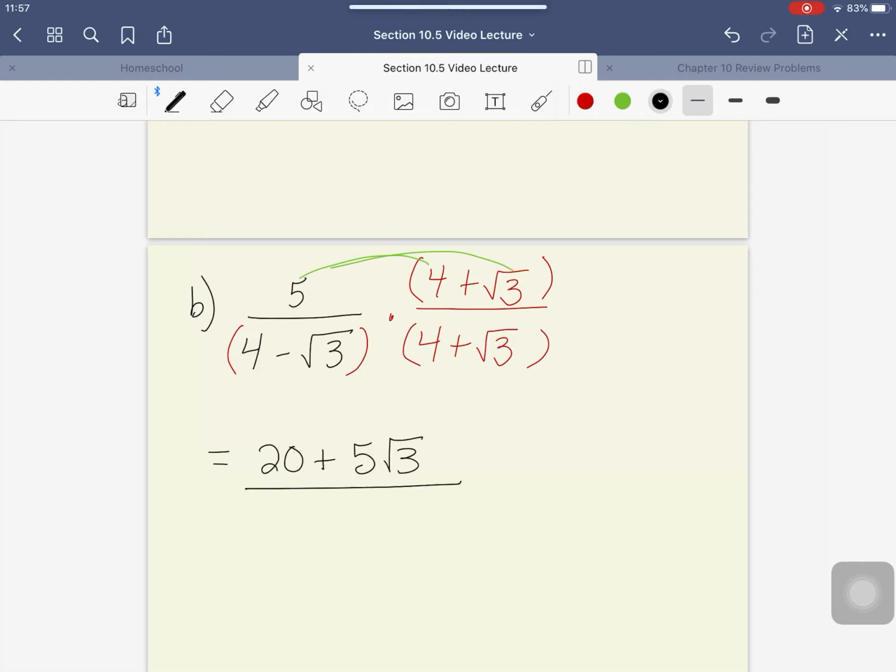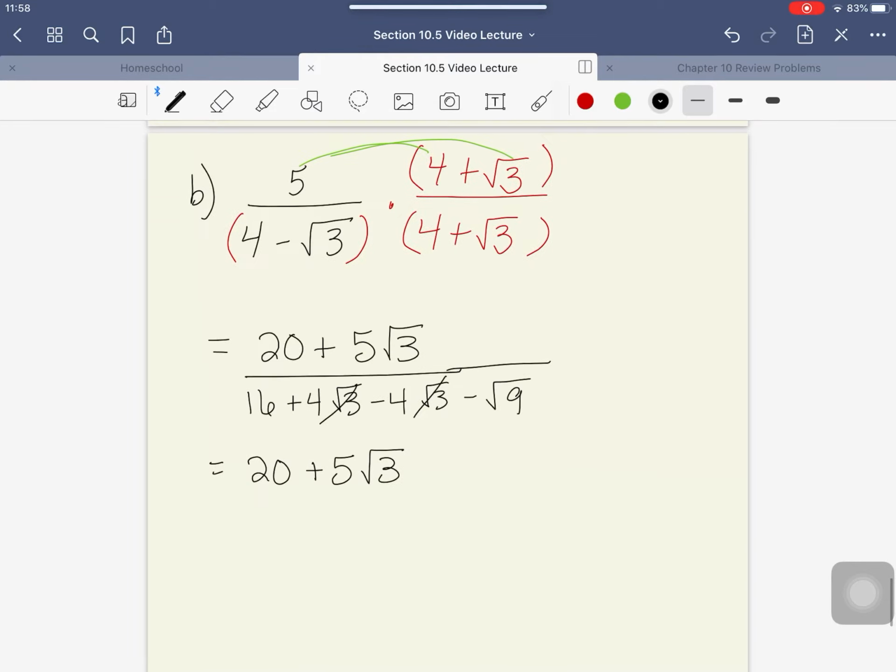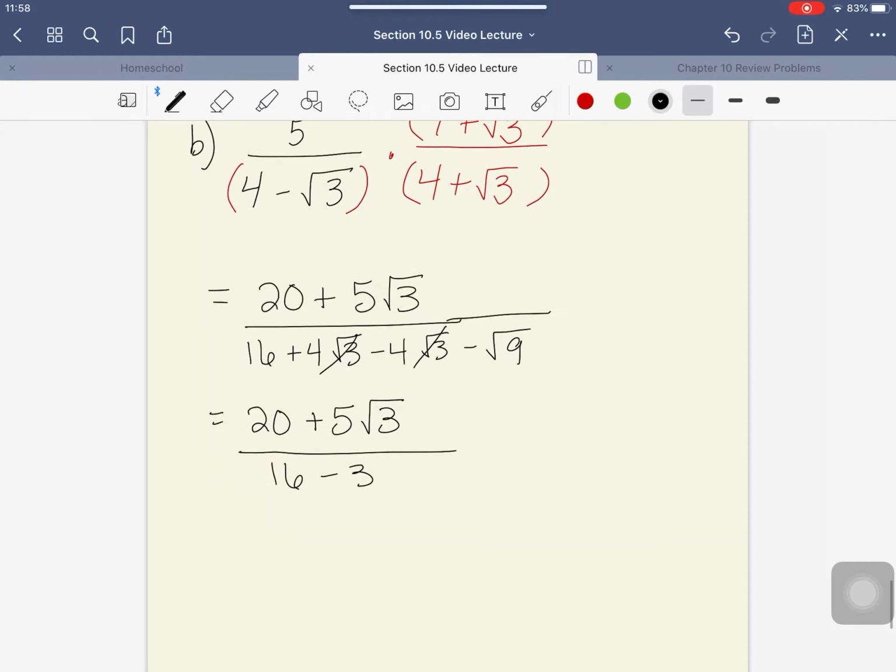And then FOIL in the denominator, that'll be 16 plus 4 square root of 3 minus 4 square root of 3 minus the square root of 9. Middle terms cancel out. So 20 plus 5 square root of 3 over 16 minus 3. So that'll be 20 plus 5 square root of 3 over 13.